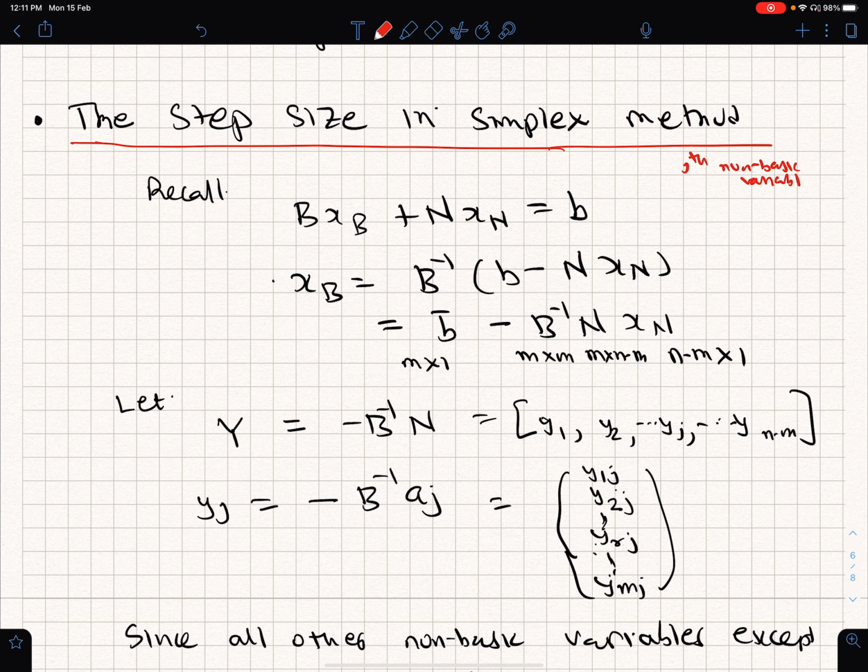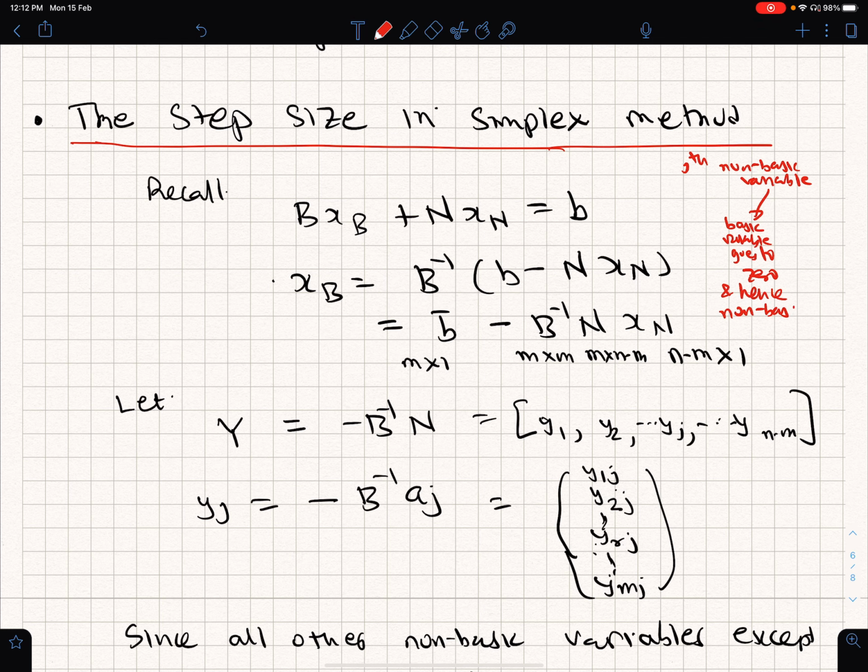That variable is going to come in, and as you increase this variable, some basic variables will start reducing, not necessarily all, but some. I'll explain that. And when the first basic variable goes to zero, that basic variable goes out of the basic variable set. It becomes a non-basic variable.